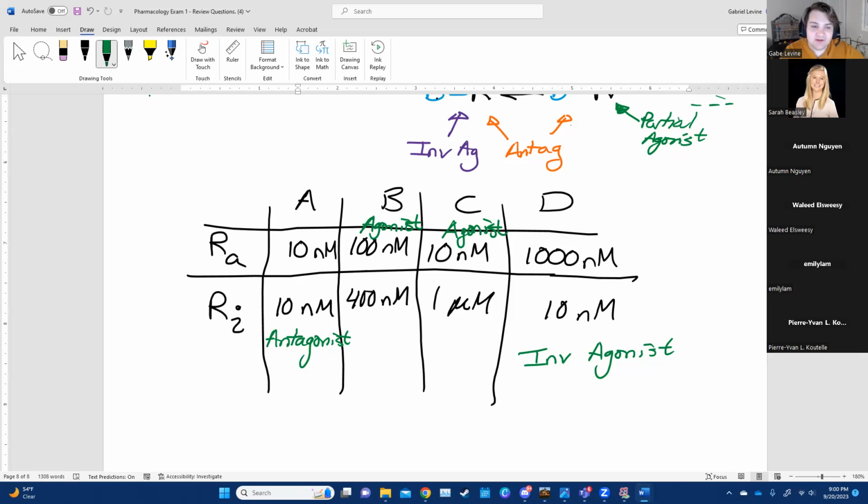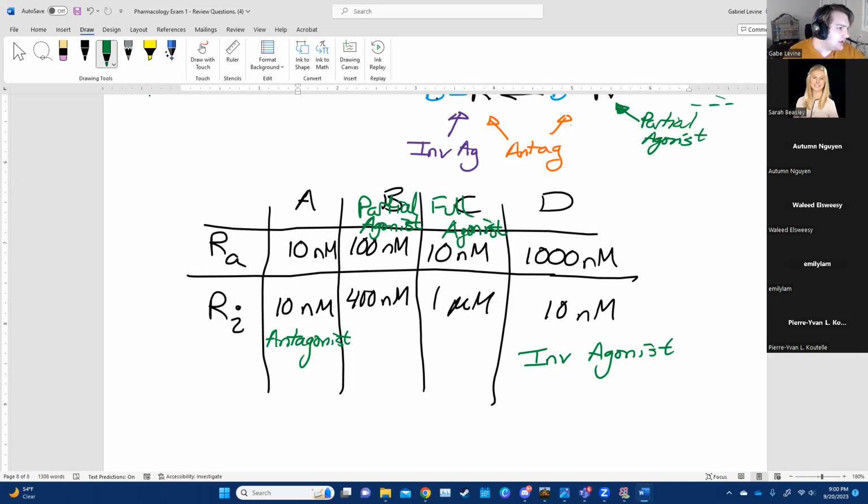And we know that to be a full agonist, you need a difference of more than 100 times. So B would be more of a partial agonist, while C would be more of a full agonist. If we only had B and C, you could say maybe it's on the cusp of full and partial. It's definitely more full than it is partial.